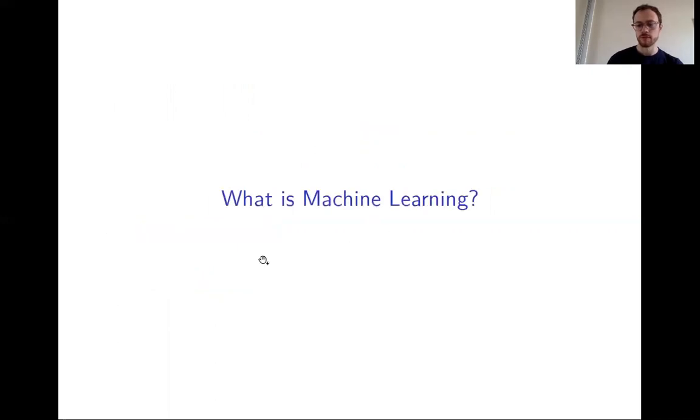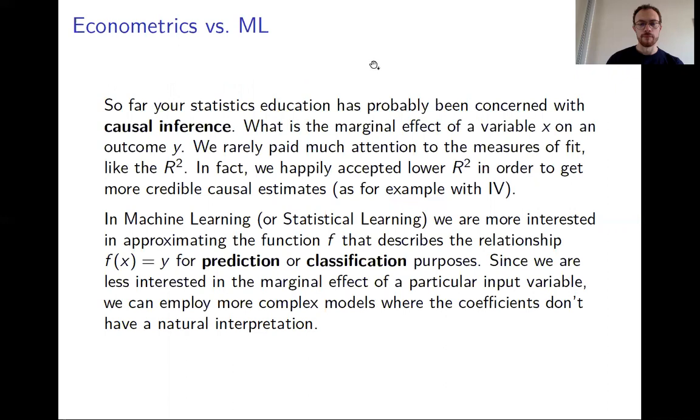So what is machine learning? So far in your statistics education, especially in econometrics, you've probably just been concerned with causal inference. So basically we have been interested in estimating the marginal effect of a variable x on an outcome y. If you change x slightly, how much does y change?